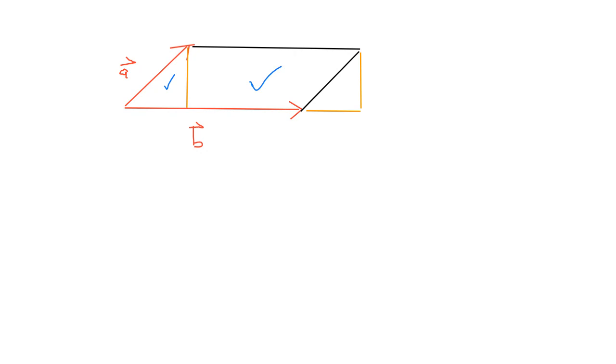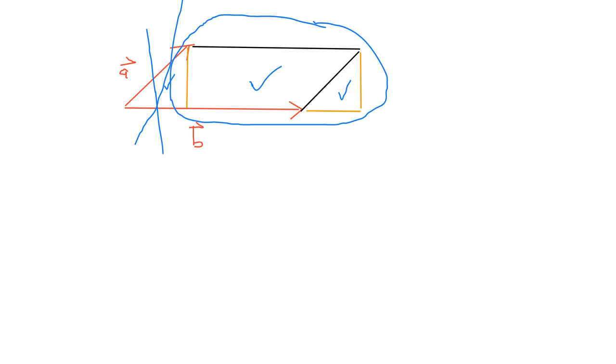But if we were to take away this triangle and put it over here, the area that we have here would be the same as the area of the parallelogram, right? In other words, I got it. Hold on, I'll do this a little better. One moment. Let's try it again.